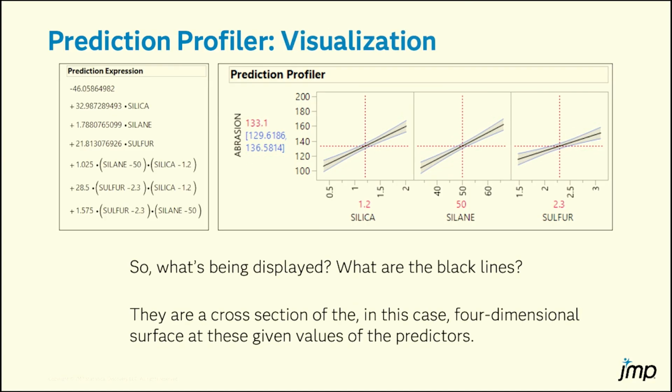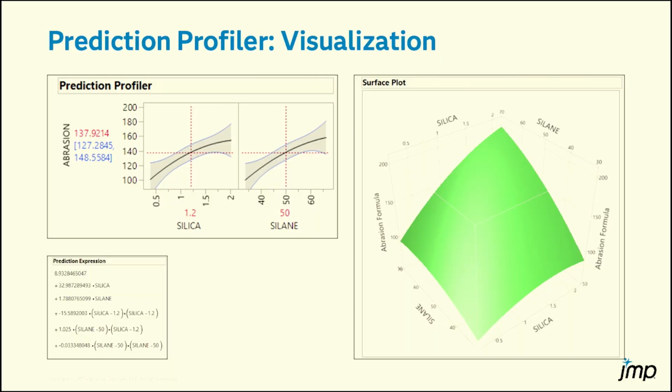All right, so a little bit more about what's behind the scenes, what's happening. What are the black lines that are showing us this formula? They're a cross-section of this multi-dimensional surface. So here we have 3 x's and 1 y, so we have a 4-dimensional surface. That's hard to show you. So what if I simplify it and make it 2 x's and 1 y? Now it's a 3-dimensional surface. I can see a 3-dimensional surface more easily.